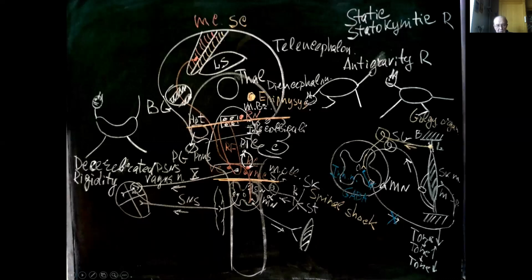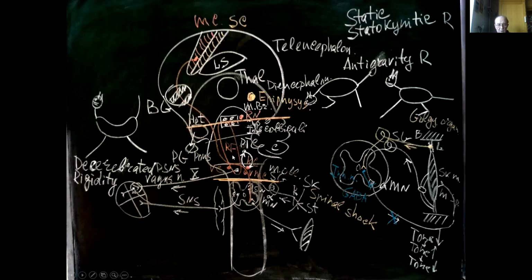At the same time, in this part, this is the localization of the vestibular nucleus. The vestibular nucleus regulates the muscle tone with the reticular formation. In all parts of the brain stem, the reticular formation is localized.